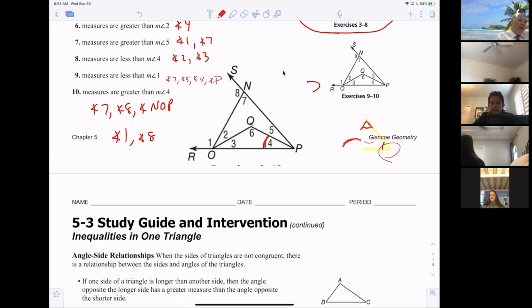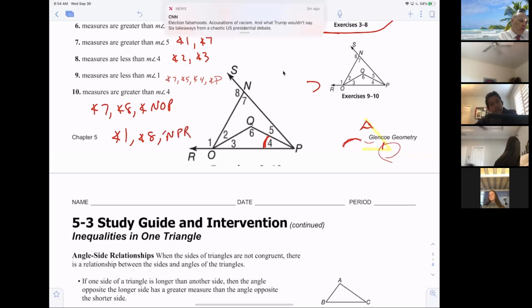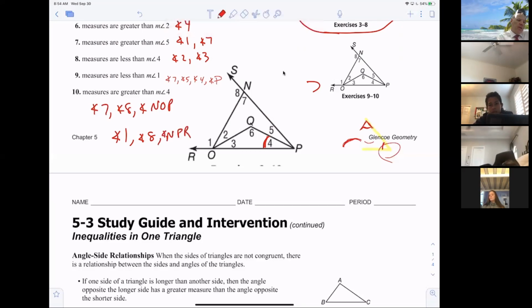Well, we know angle 4 has got to be less than NPO. Shh, hold on. NPO. Oh, that's true.